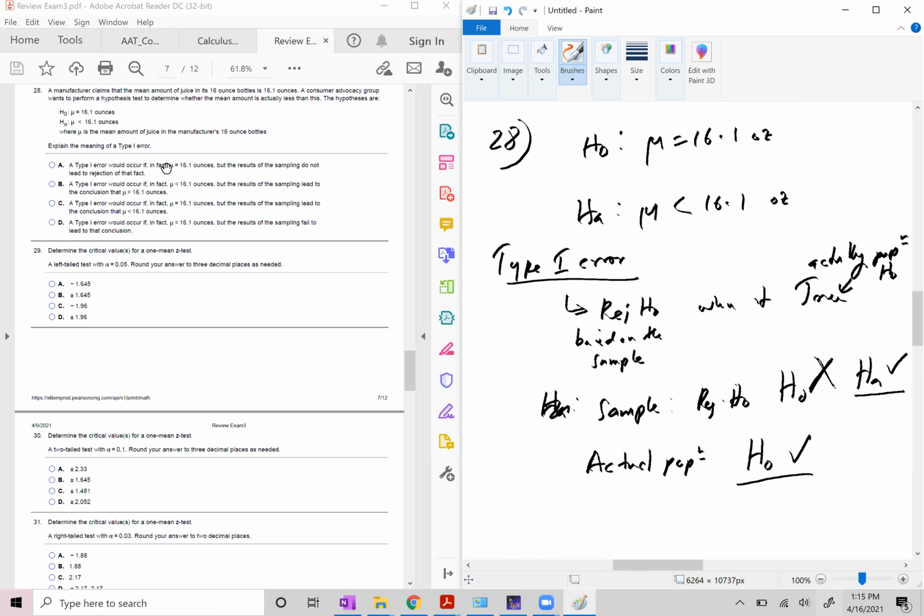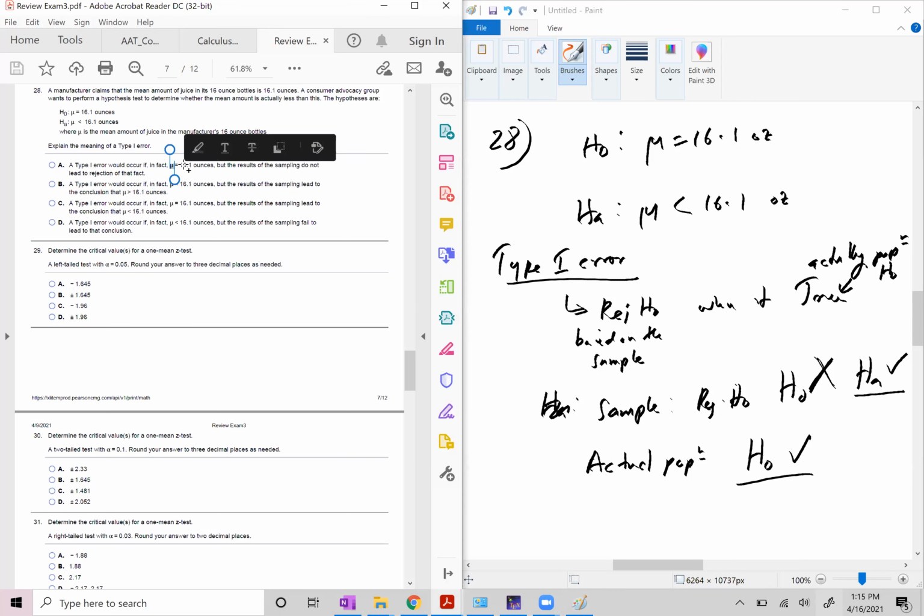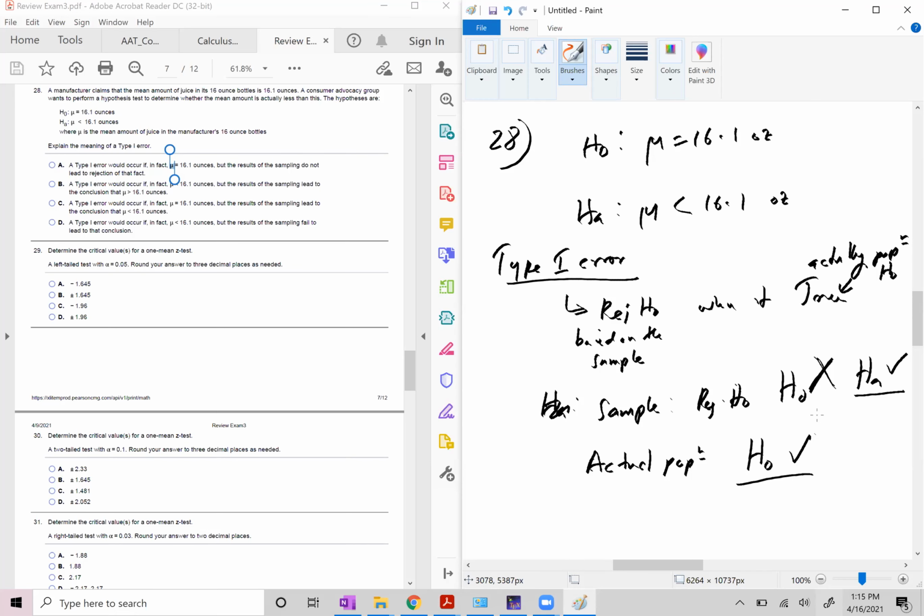Here's the mistake. So mu is 16.1 ounces in the population is correct, because in the actual population, null is correct.